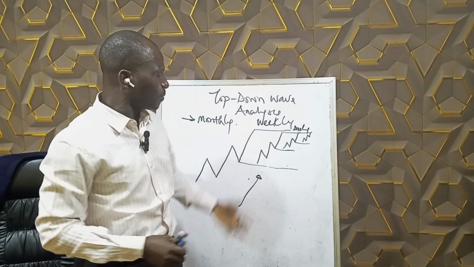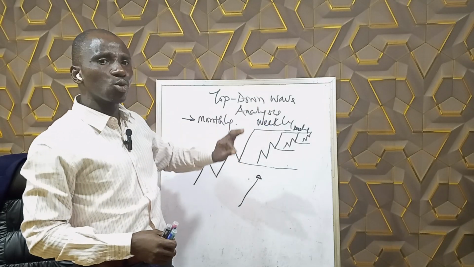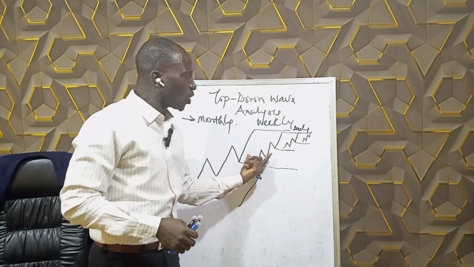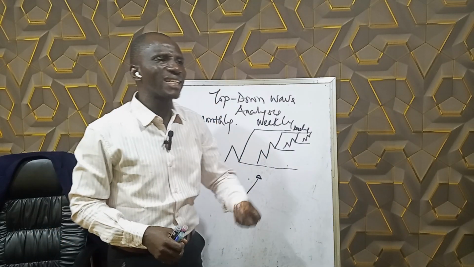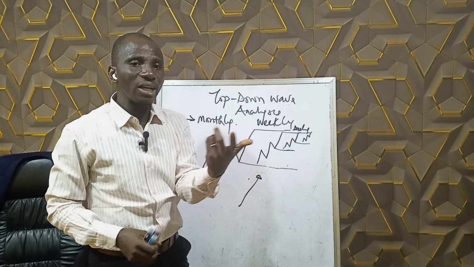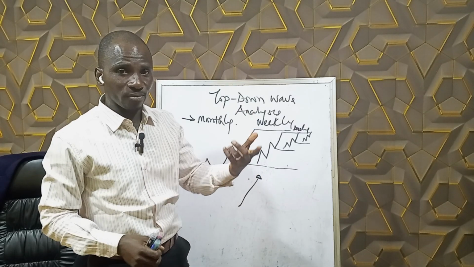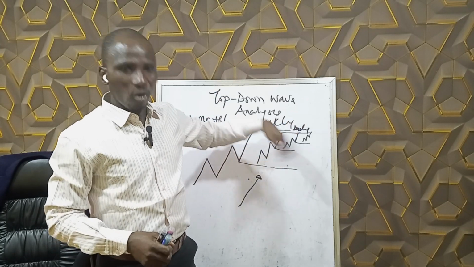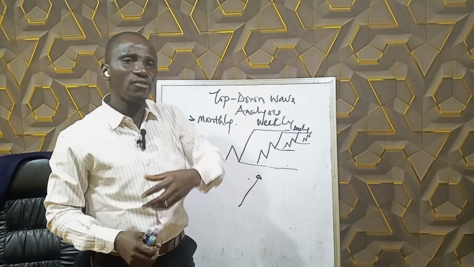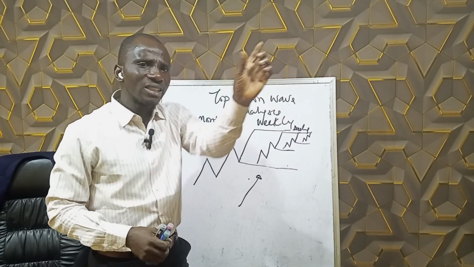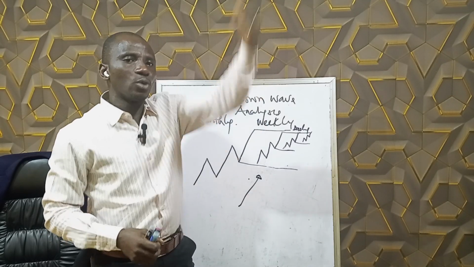In a subsequent video, I'm going to be showing you how to spot where to enter, because each of these waves is going to create something that I call a money box. You see, this money box is the beginning of every wave, and it appears on all these time frames. Of course, I will give you a practical example to pinpoint the money box of each of the waves.